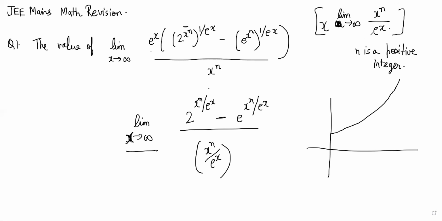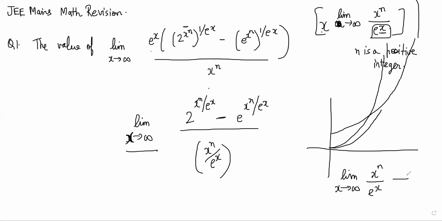E power x eventually grows faster because here x is in the power. Any x power n that you have, e power x will go above it. Maybe in the beginning it might be above, but later e power x will rise above. So if you realize that limit x tends to infinity, x power n by e power x tends to 0.